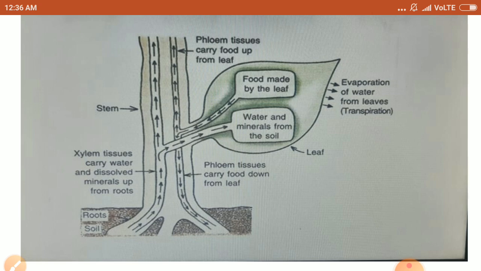So basically we can conclude that water and minerals are transported in the plants with the help of xylem. This process is known as transportation of water, and the movement of food occurs with the help of phloem. This process is known as translocation.